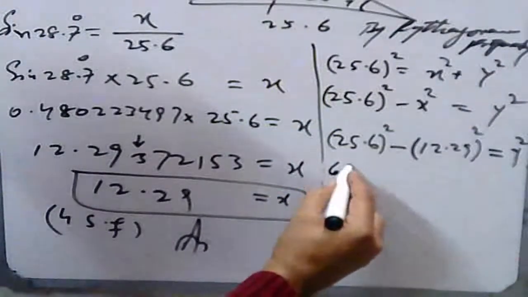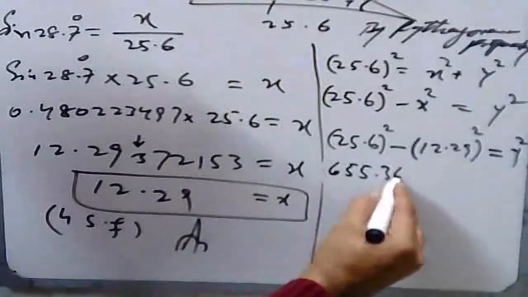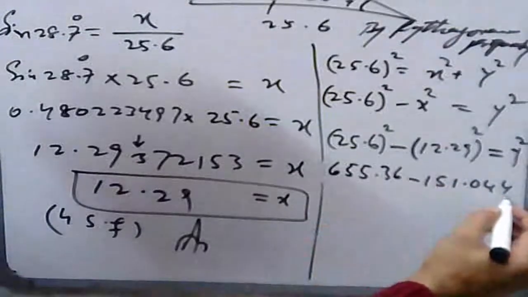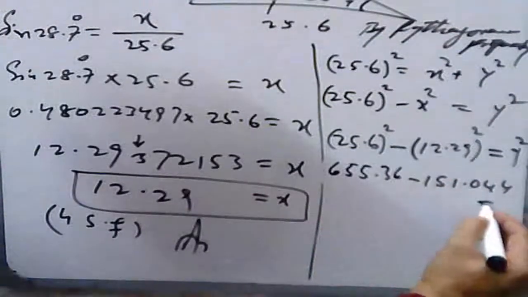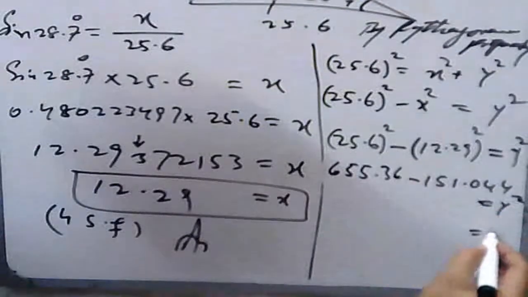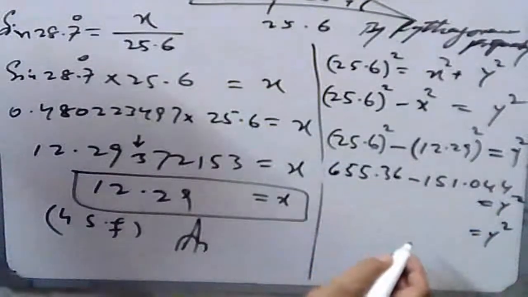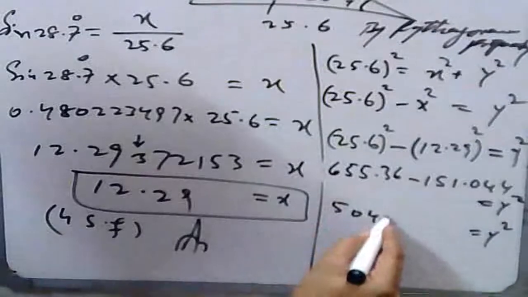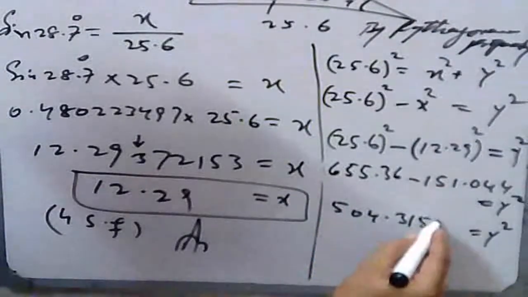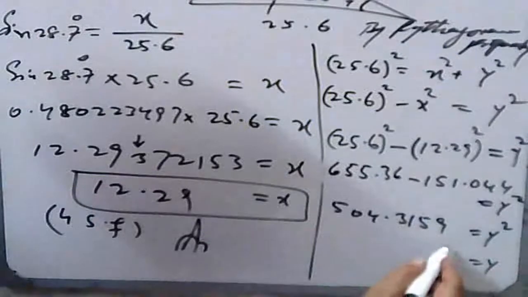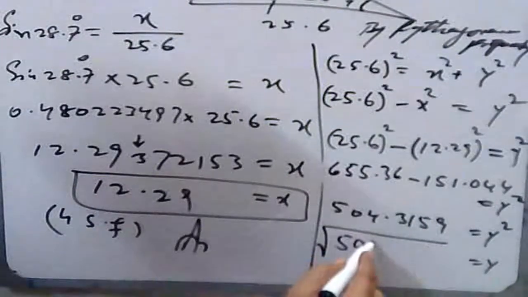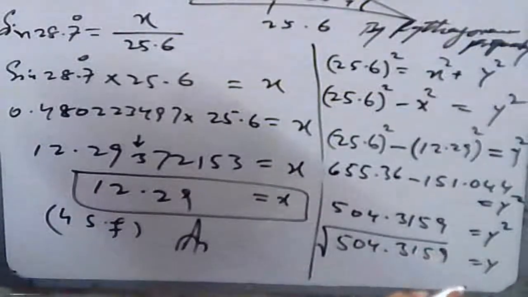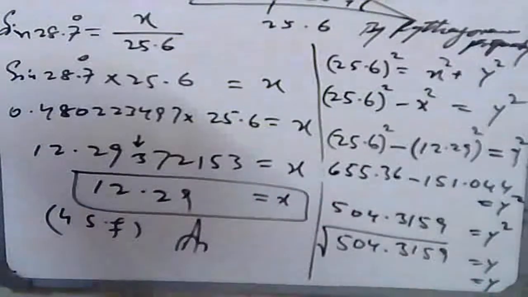So the value of y square is like this. 25.6 square you will get 655.36 minus 151.044, is equal to y square. So after subtraction, you will get 504.3159. We need the value of y, so you should take the square root.